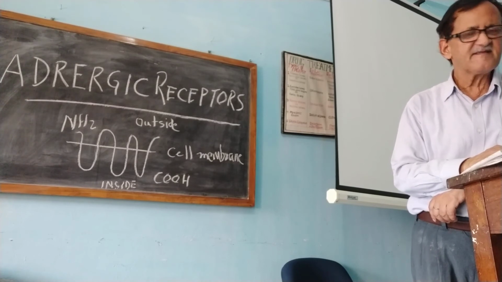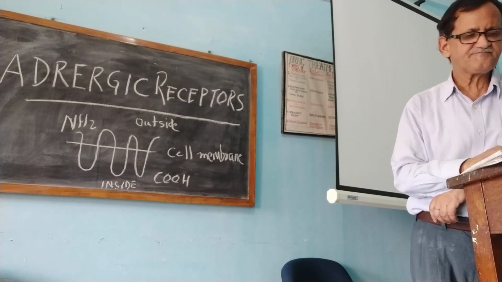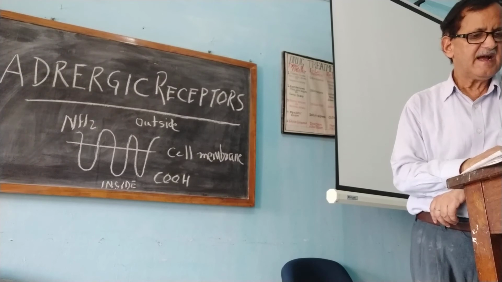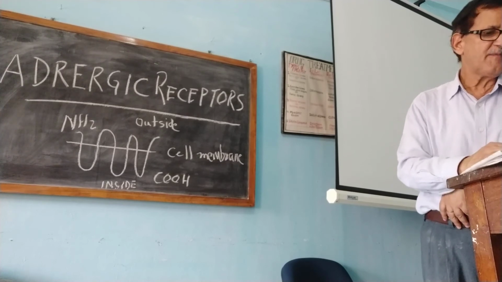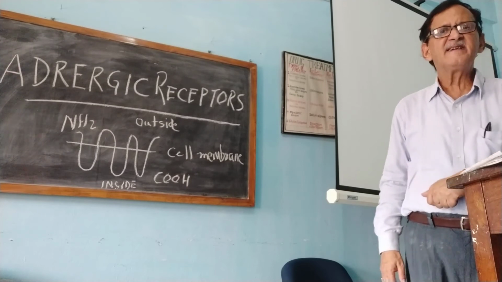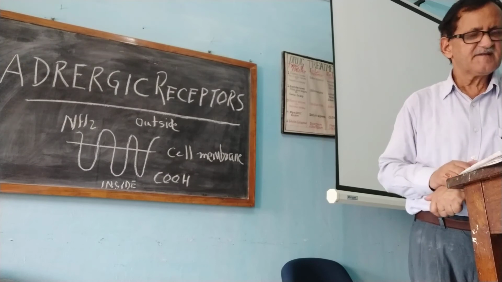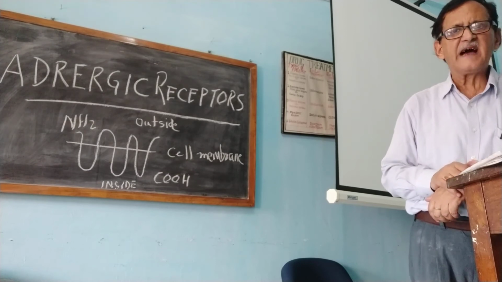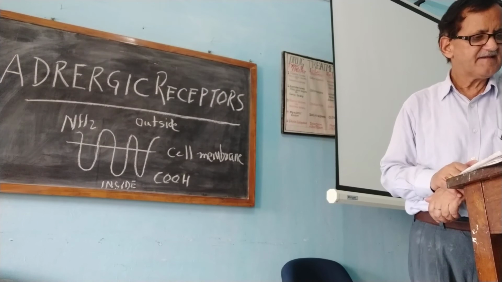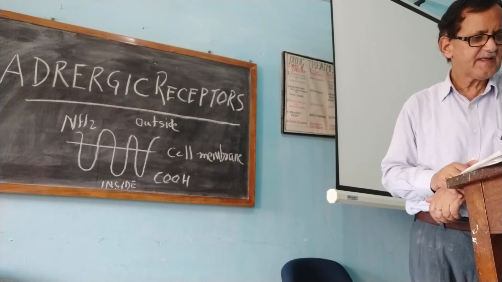It relaxes GIT, urinary bladder and uterus, and upon skeletal muscles it may cause twitches and tremors. Selective agonist is salbutamol, and selective antagonist is butoxamine.